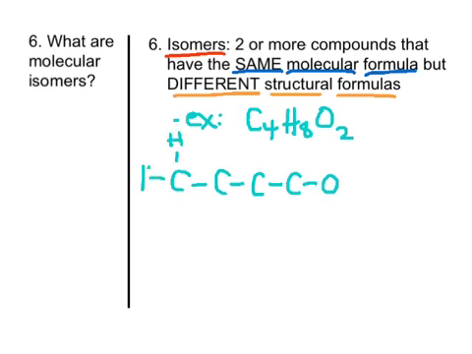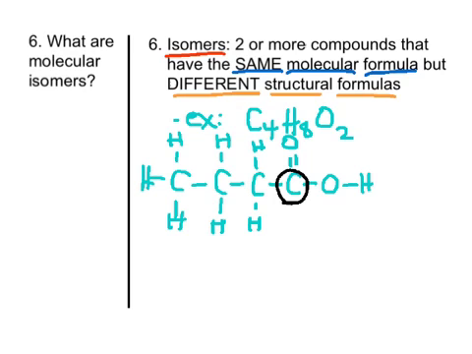1, 2, 3, 4, 5, 6, 7, 8. And then we're going to add another oxygen here, double bonded to the carbon, to finish off our O2 and to make sure that this carbon here has 4 bonds.